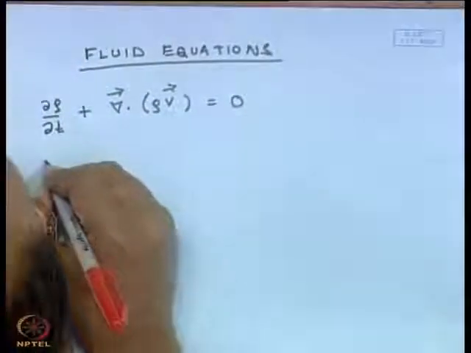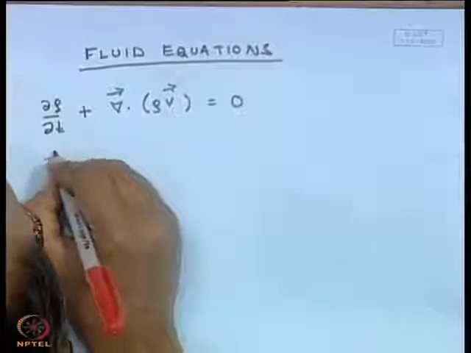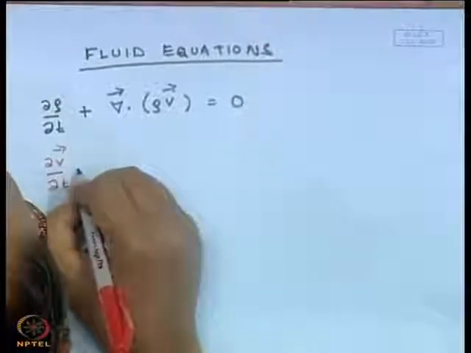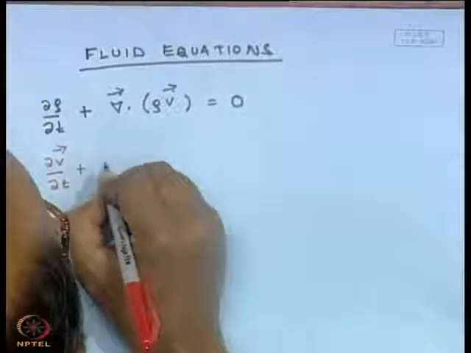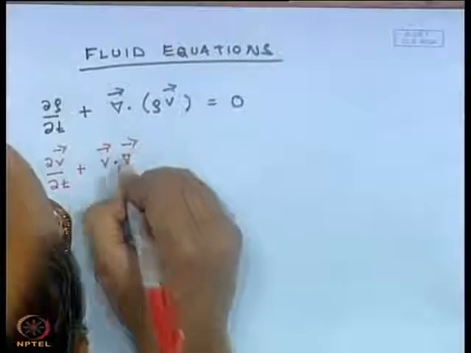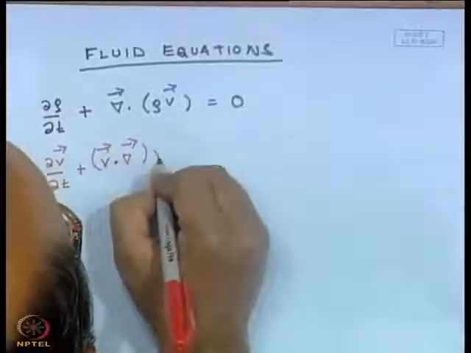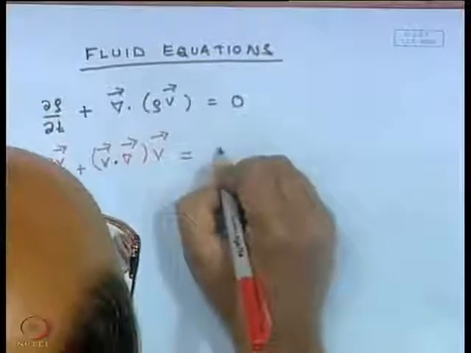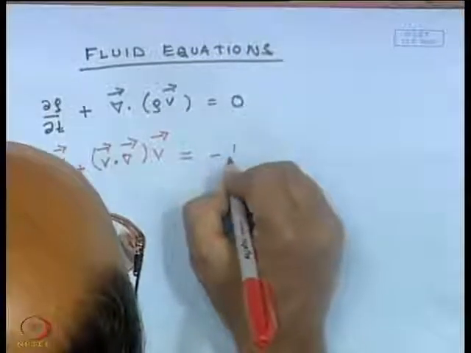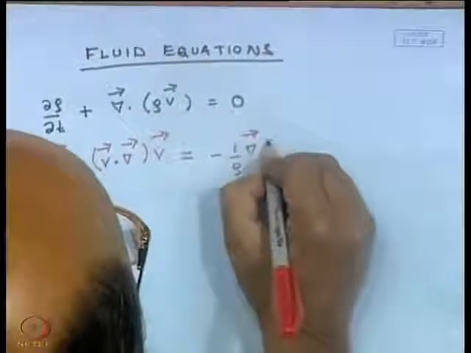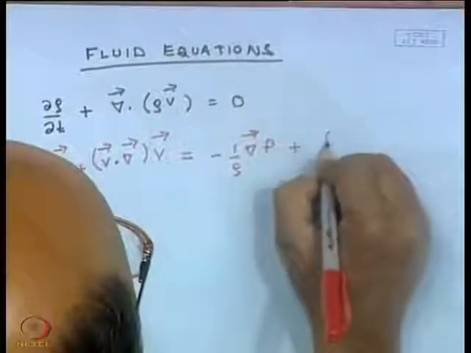The final equation is del v del t plus v dot grad v is equal to minus 1 by rho into grad p plus f.